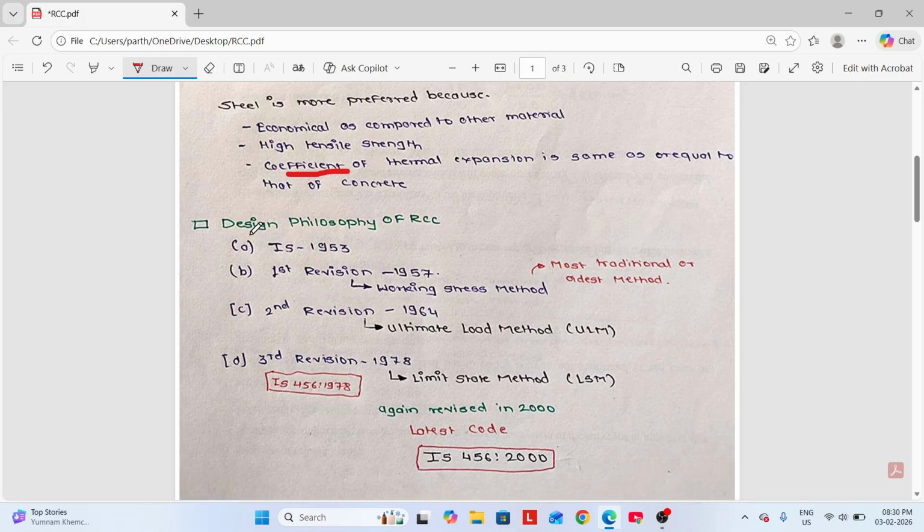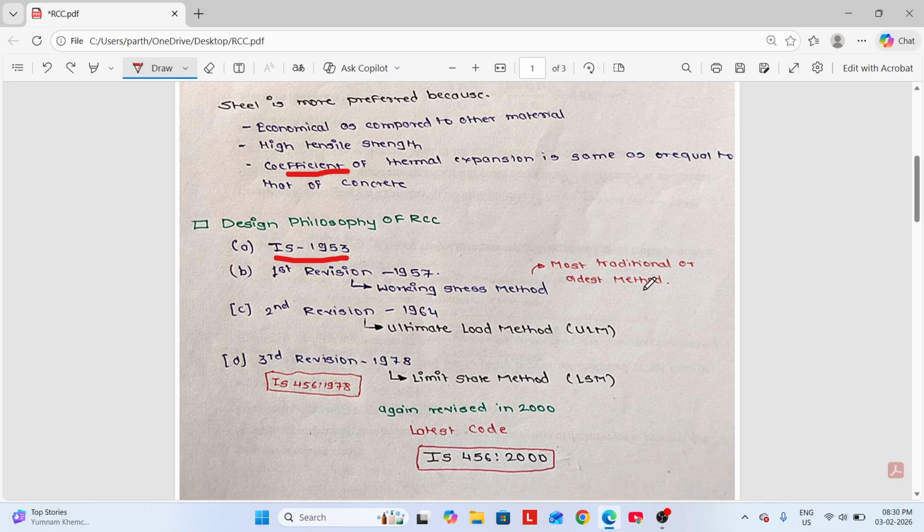And here are the design philosophies of RCC work. First of all, it started with IS 456 in 1953, and the first revision of this standard code was made in 1957, which is also known as the working stress method.